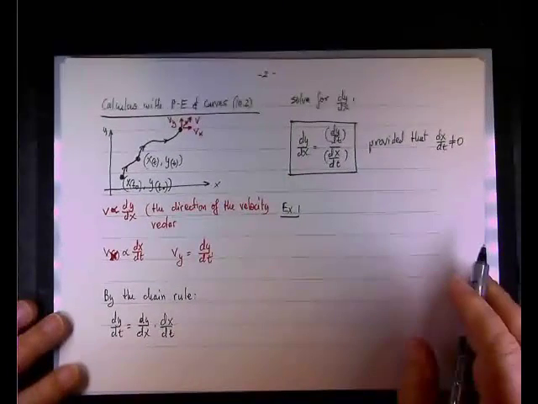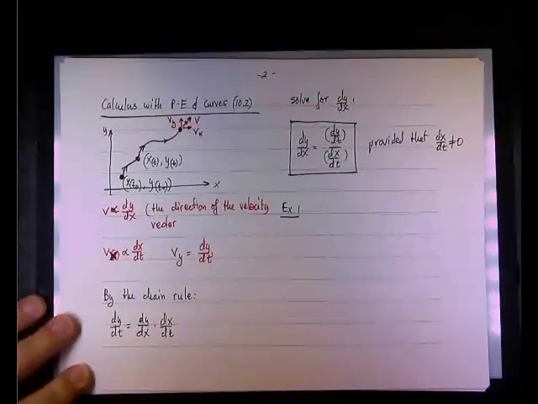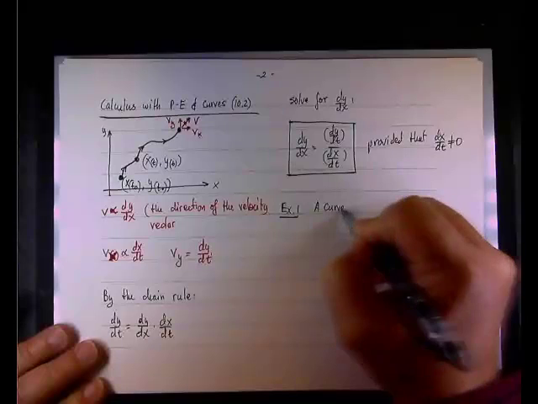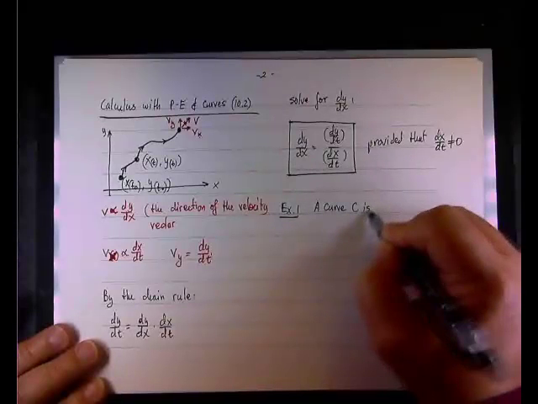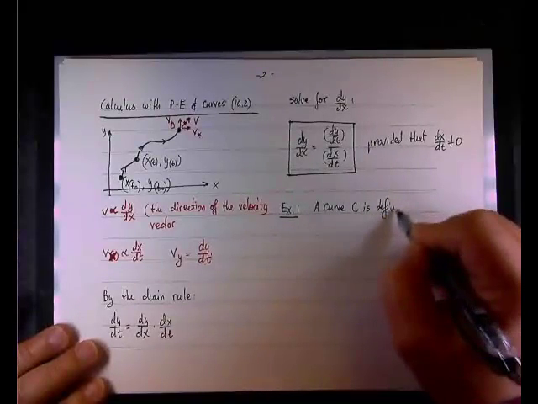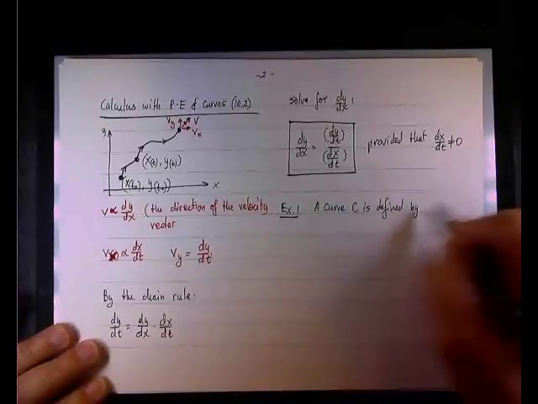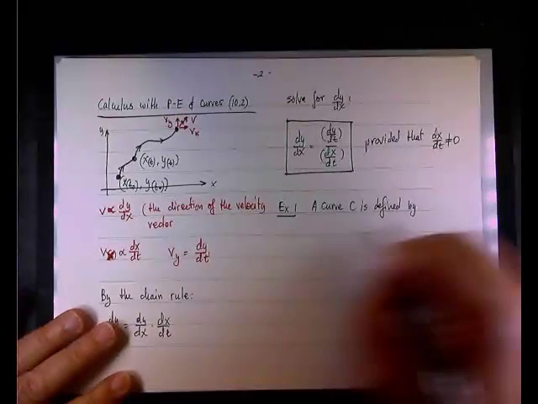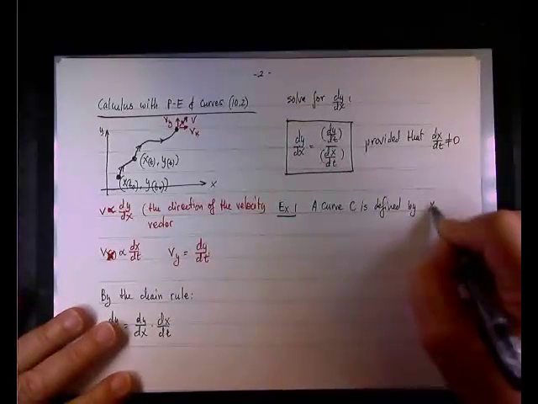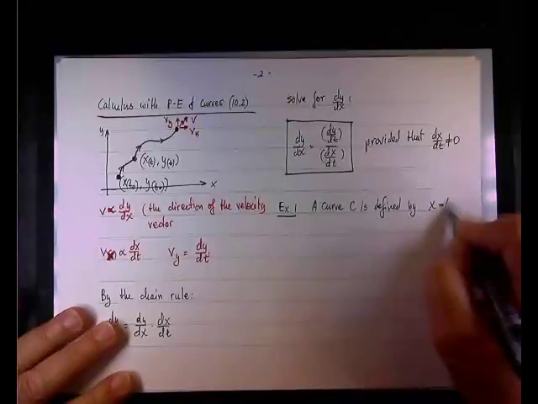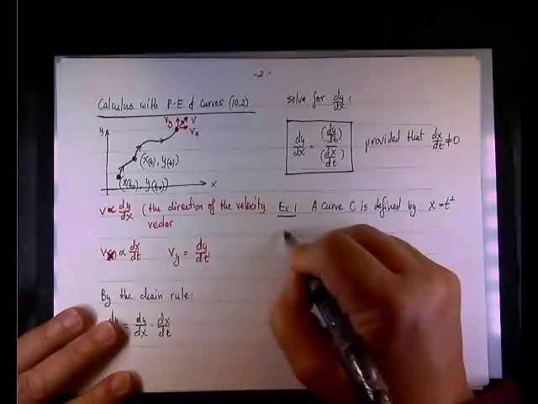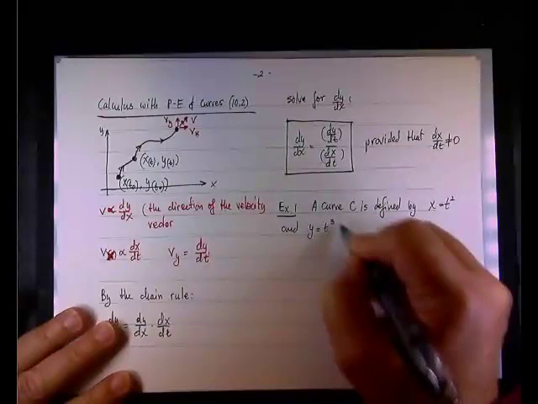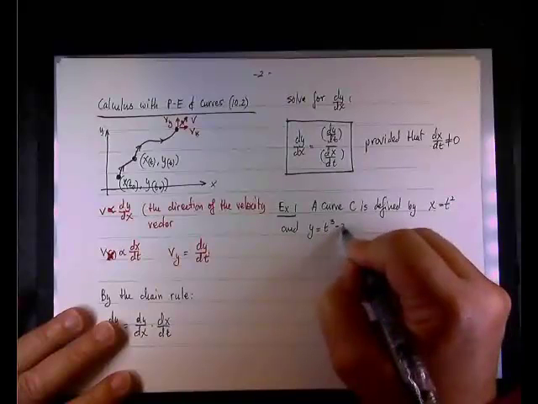Okay, in example 1, we look at a curve that is defined by the following parametric equation. A curve C is defined by x equals t squared and y equals t cubed minus 3t.